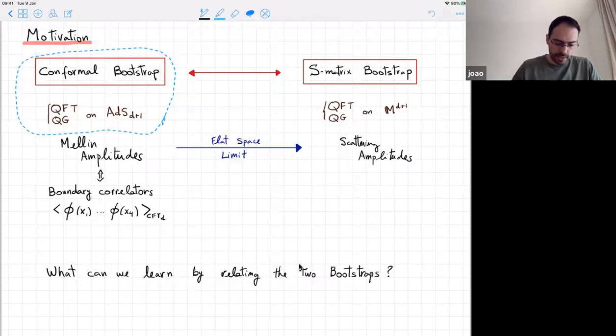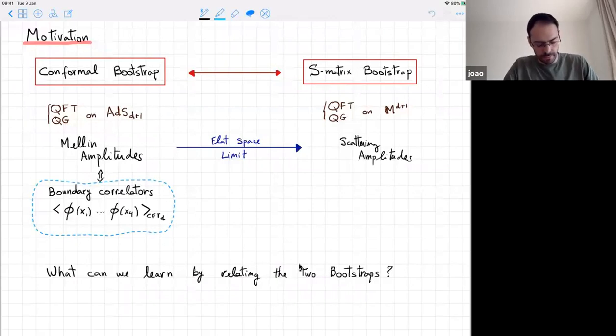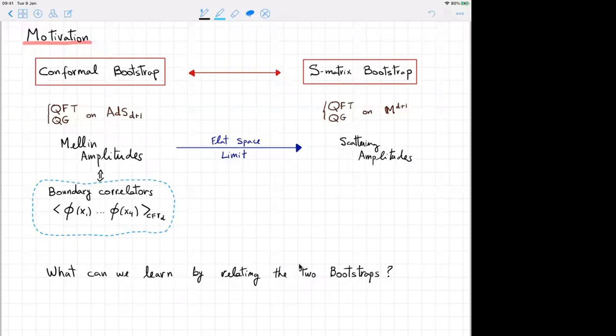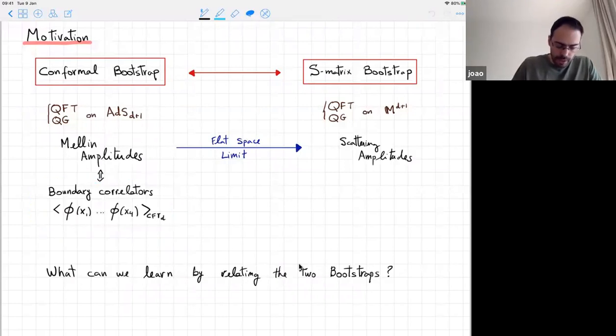In some sense, the numerical conformal bootstrap is much more developed and more successful, and starts from correlation functions of the boundary CFT.